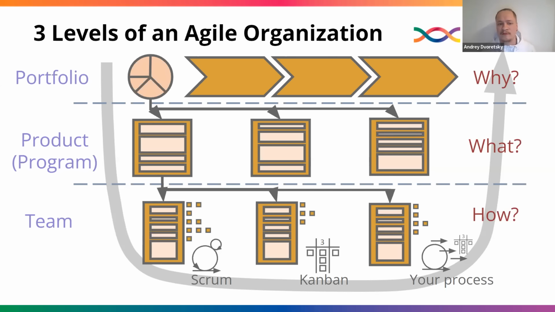And at the same time, it's more and more difficult to provide transparency top to bottom for the portfolio level, how this or that piece of work, task, software, whatever we build, correlates with the high level goals and why we exist.